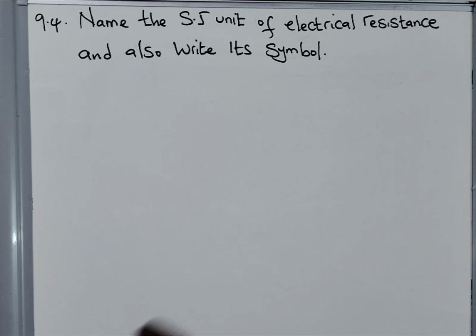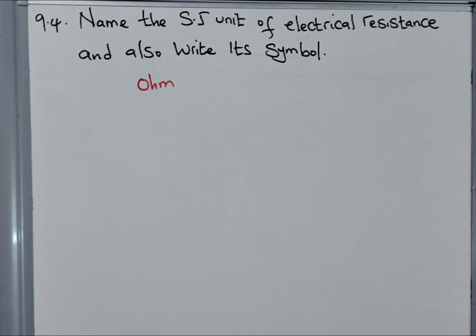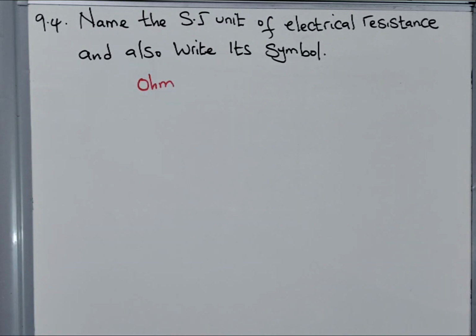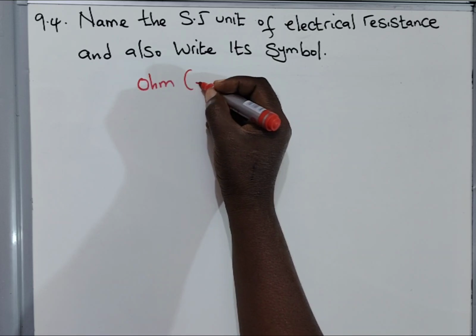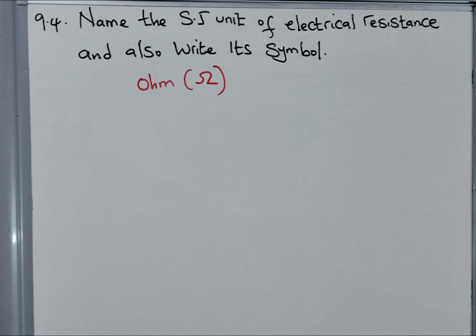Electrical resistance is measured in ohms, in respect of the English scientist who put up a very important law called Ohm's law to explain how electrical variables behave. And the symbol for ohm is this symbol.